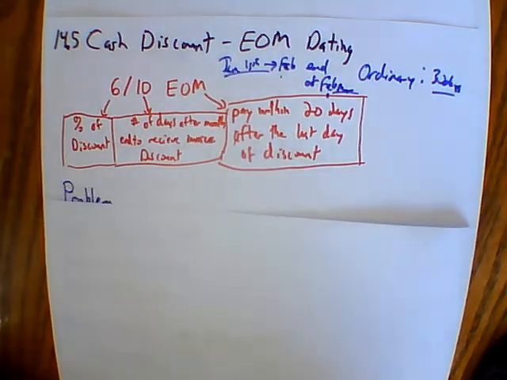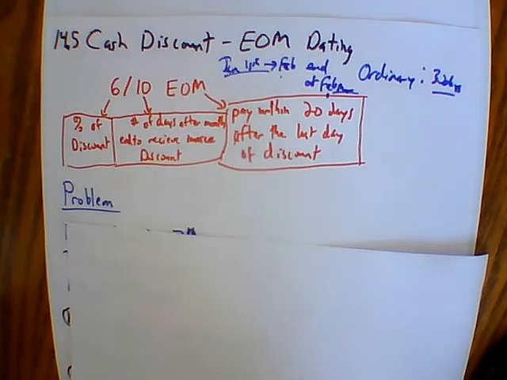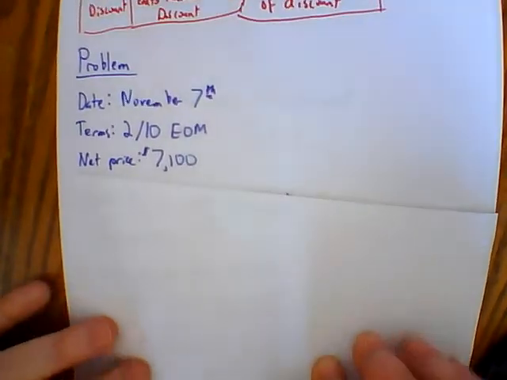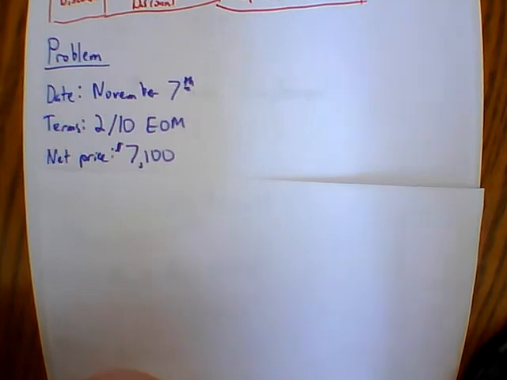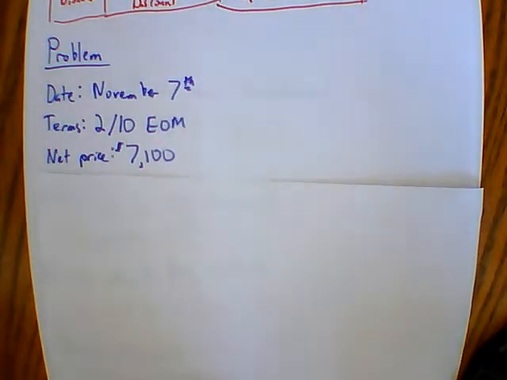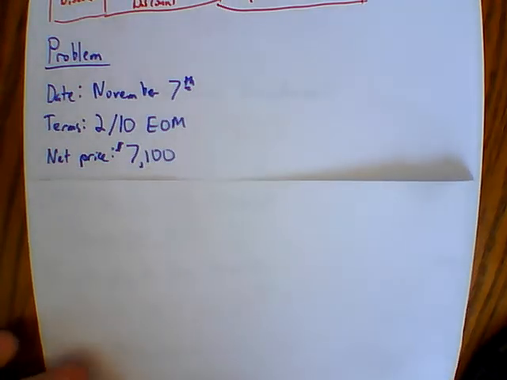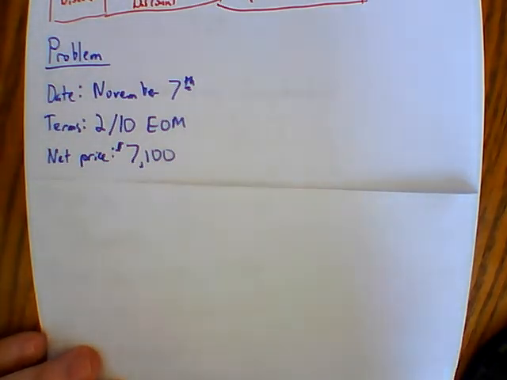If we look at problems 1 through 6, here's our invoice. The date is November 7th, we're on 2/10 EOM dating with a net price of $7,100.